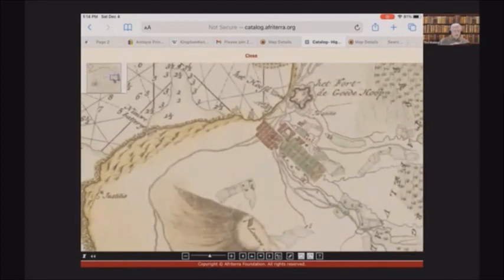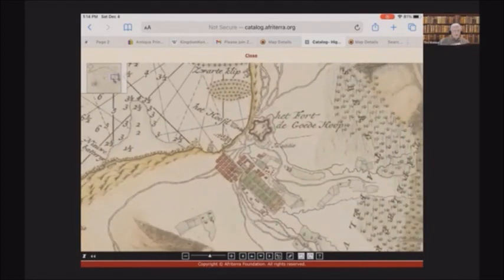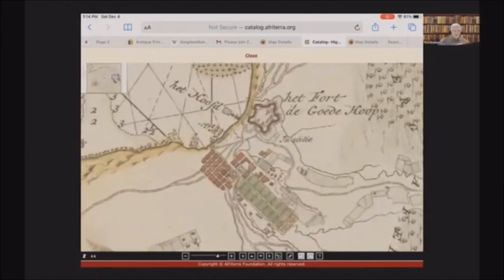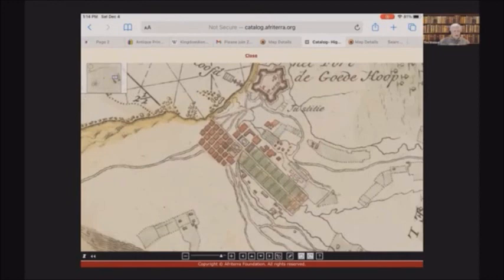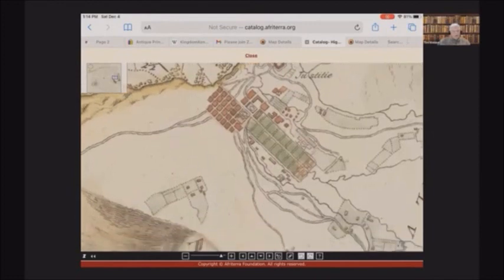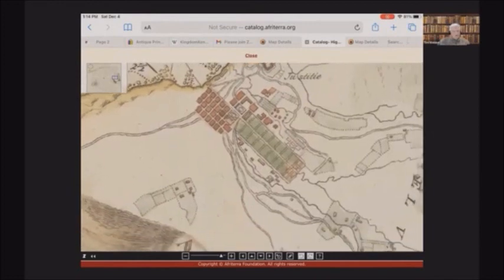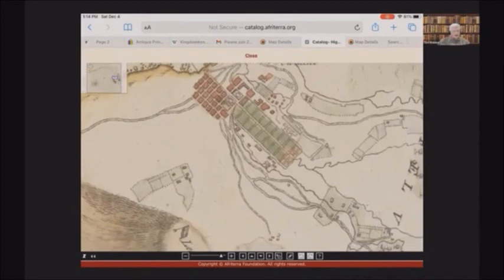The gardens, again, in relation to a fort. And the buildings represented in the pink, the gardens that are the government gardens, but then also the gardens off to the side in the southwest, or the lower left corner here, the private gardens. And of course, with the Dutch flag on it here.